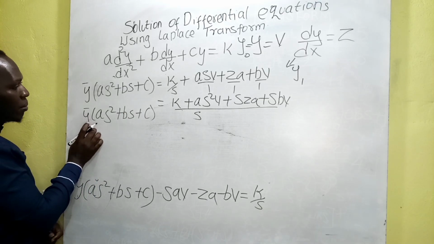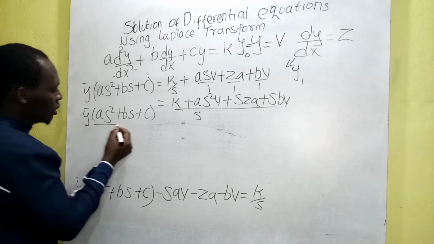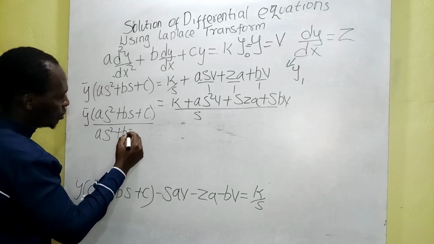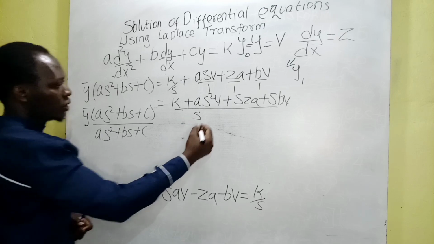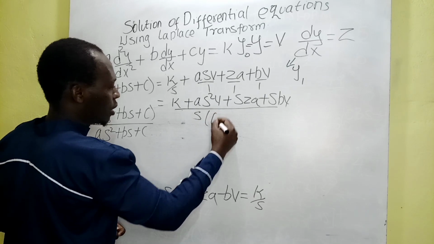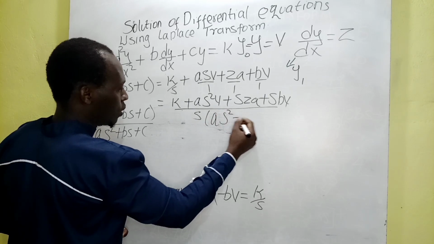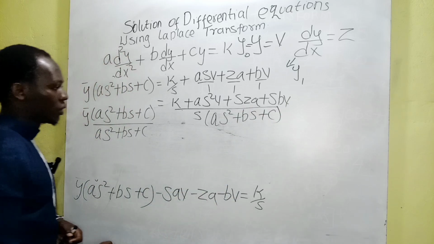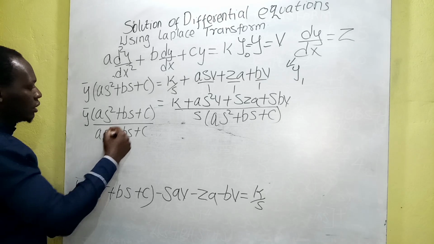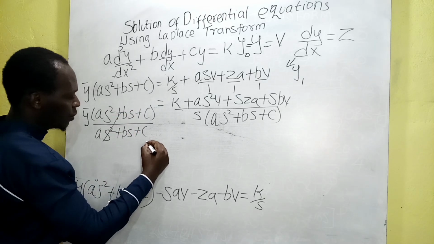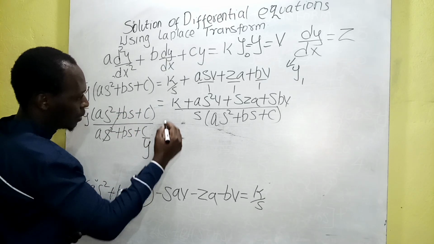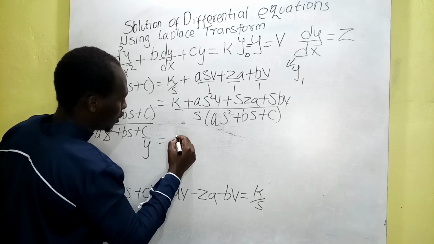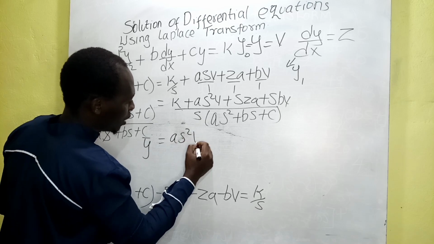We need to have y bar on our left hand side, to mean that we are going to divide by a s square. We add to b as we add to c. On this side now we are going to have a s squared. We add to b as we add to c. To mean that these two will cancel out, and now we are going to have y bar is equals to as squared v.